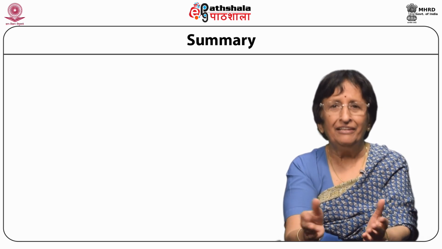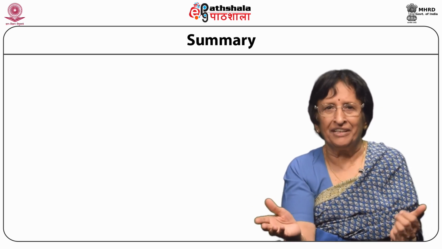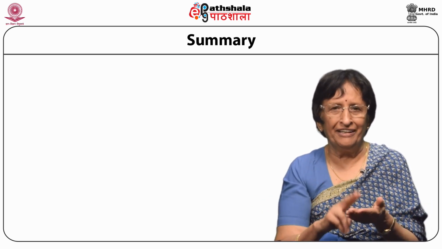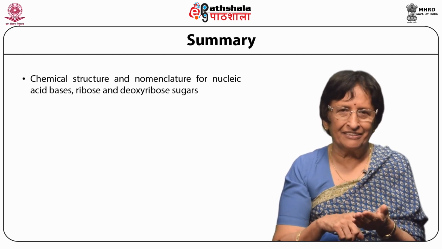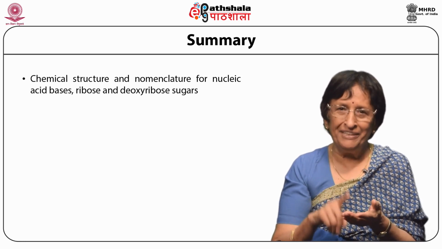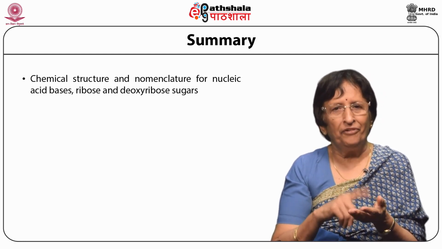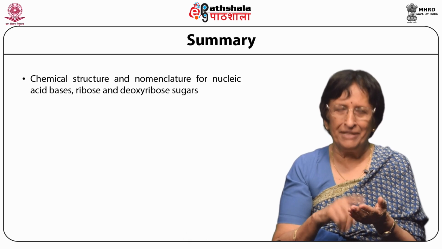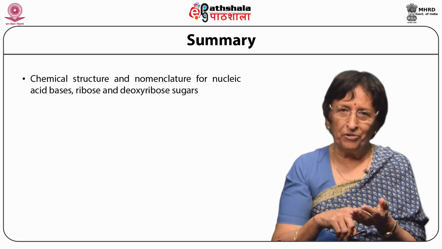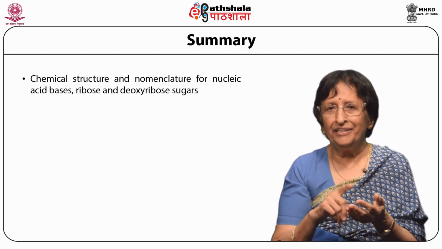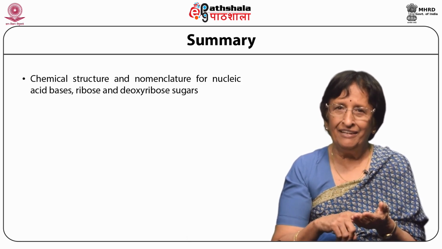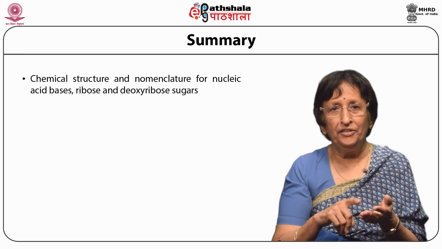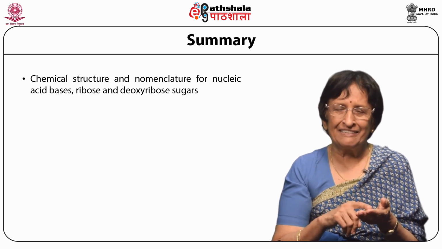So students, what have we learned today? We have learned first the chemical structure and nomenclature for nucleic acid bases, ribose sugar and deoxyribose sugar. Nucleic acid bases are also called nucleobases.